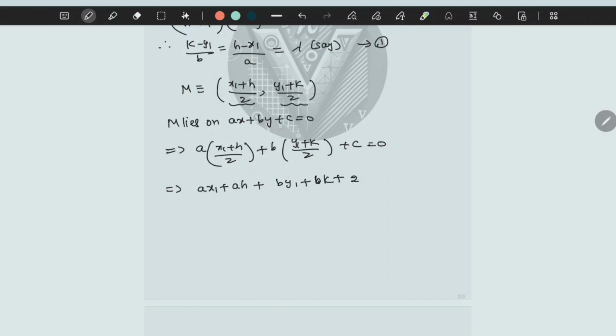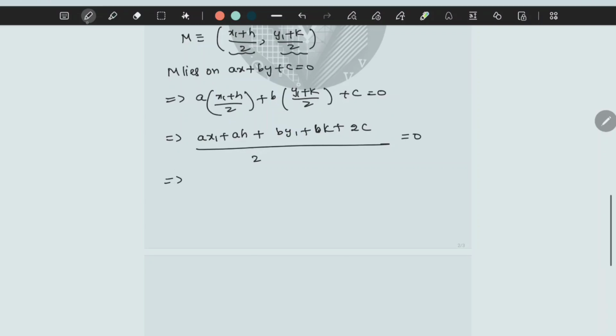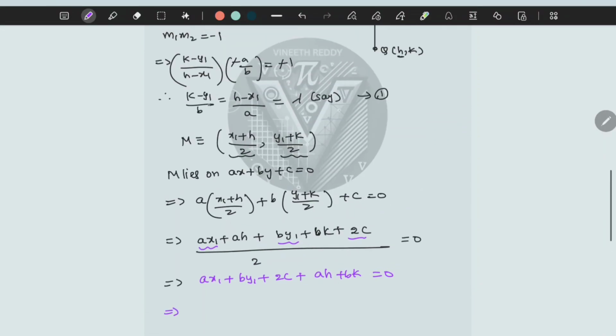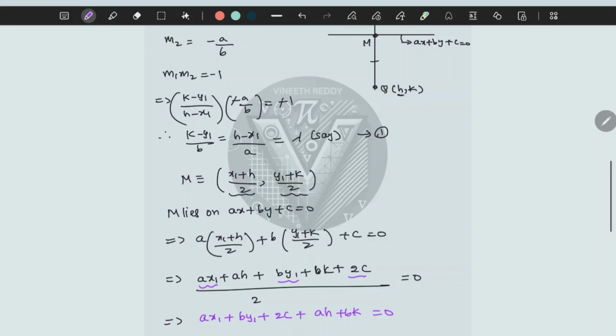The LCM is 2, so 2c, and the denominator we get 2. Now let us club these terms. So we get ax1 + by1 + 2c, and then we have ah + bk = 0 since 2 into 0 is 0.